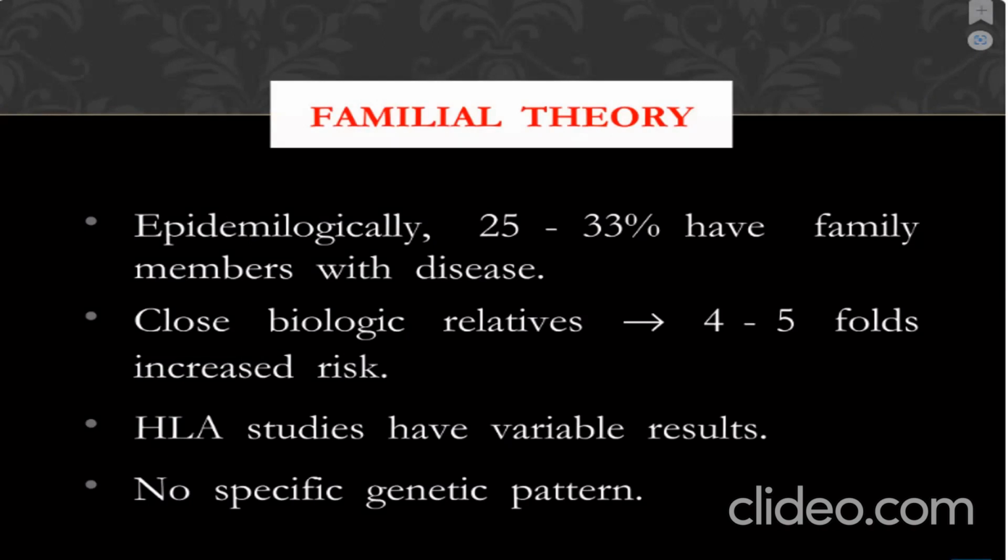Epidemiologically, 25 to 33% have family members with the disease. If there are close biological relatives, then 4 to 5 folds increase risk of developing vitiligo. HLA studies have variable results.